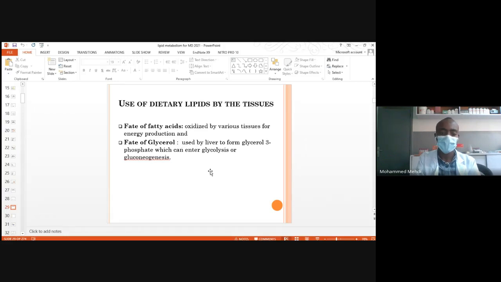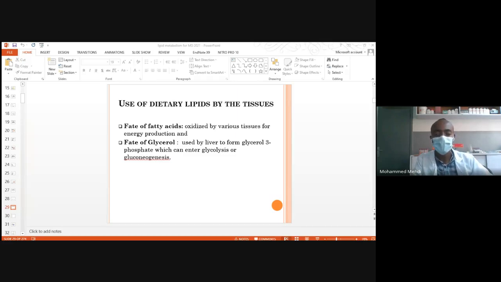Other sources. Do you know any other source of glucose in gluconeogenesis? Okay, sources of glucose in gluconeogenesis: number one, amino acids, lactate, pyruvate. It's correct.